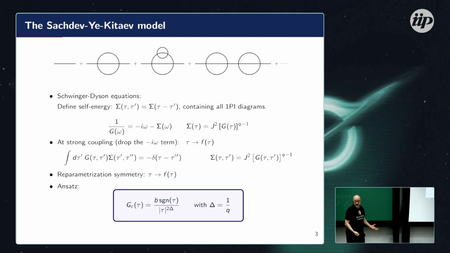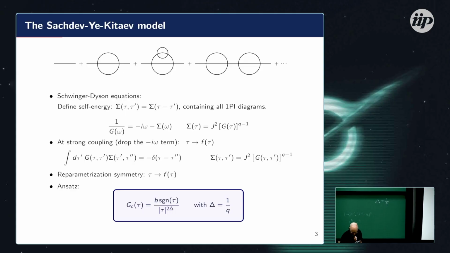You can try to solve this using an ansatz, which is this power law function for the dressed propagator G_c. Okay, so you can plug this back into these equations, and then you can get some expression for b in terms of Q. And delta is 1 over Q. Maybe I just write this down here so that we remember.